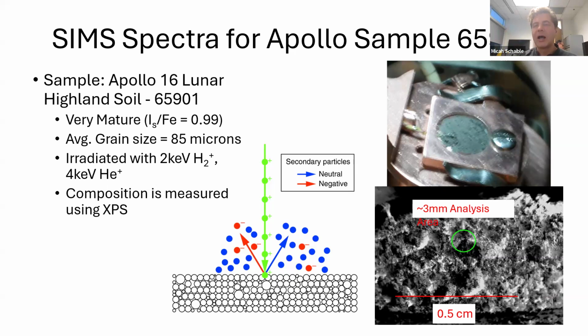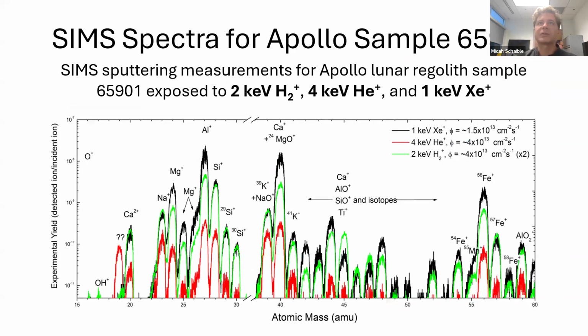And so we want to know, how do the sputtered secondary ion spectra compare to the actual composition of that lunar soil? And this is where I was talking about earlier, is it gets pretty confusing when you start accounting for all of the different metal species and potential molecular ions that can form in a complex mixture such as the lunar regolith.